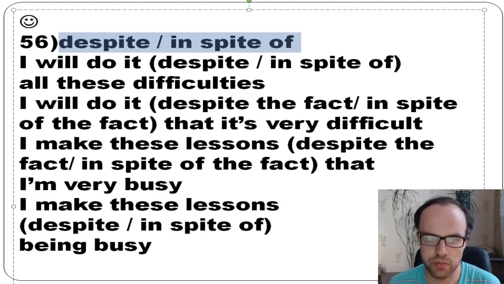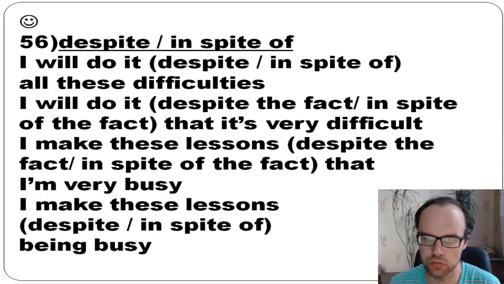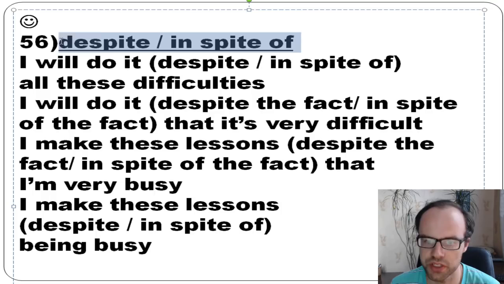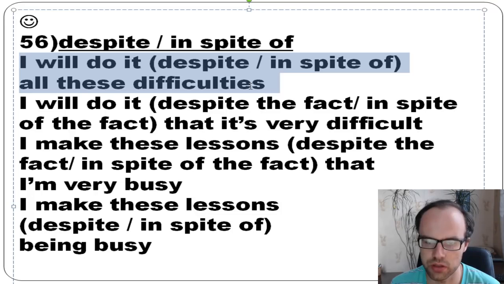Well, what about despite and in spite of? So what do you know about it? Good. Well, despite or in spite of. Look at these examples. We say despite or in spite of, it means the same. I will do it despite all these difficulties, or I will do it in spite of these difficulties.